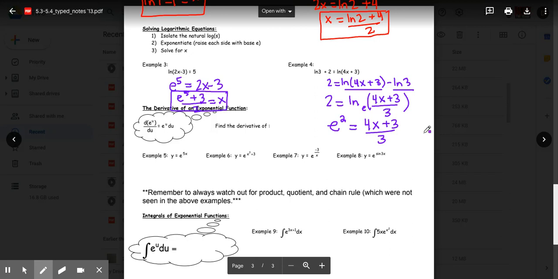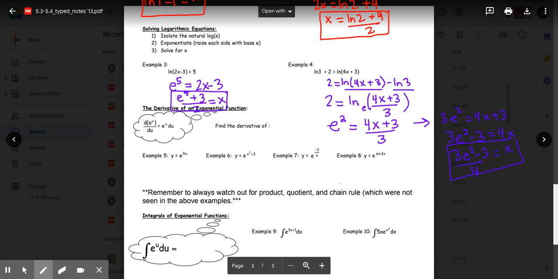And now you can go ahead and solve for x. So you would multiply both sides by 3, and then subtract by 3, and then divide everything by 4 to get x by itself. There you go. Okay. All right, so that is review of things that you've seen before.